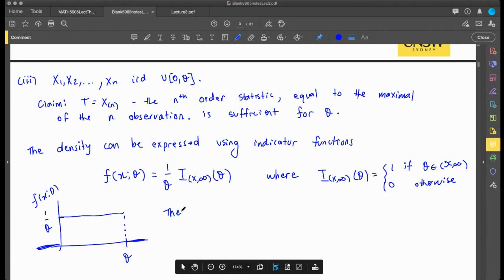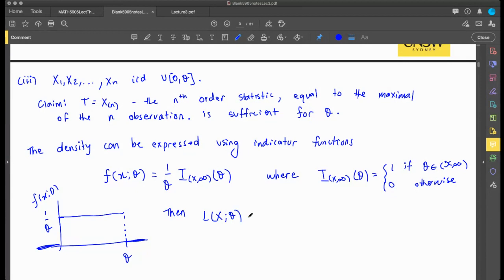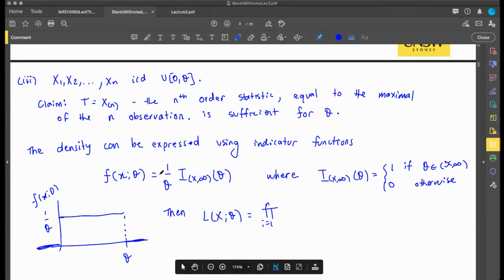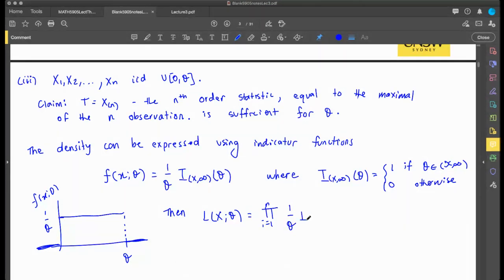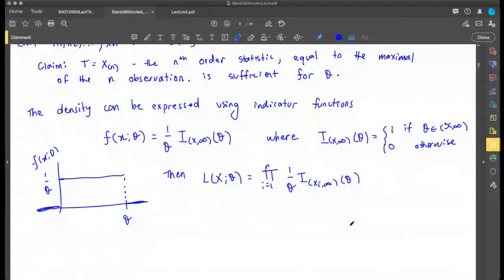Okay. The first step is to come up with my likelihood function, and it's just a product of the density functions given by this expression here: 1 over theta, the indicator, now the x becomes xi to infinity of theta. Now, 1 on theta is a constant, multiply that n times, I get 1 over theta to the power of n.